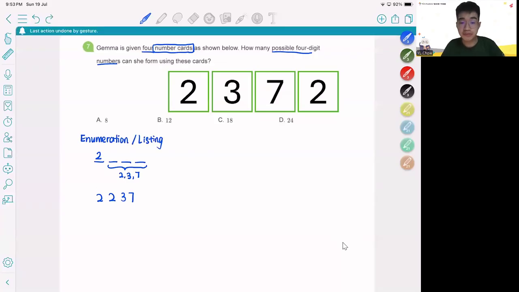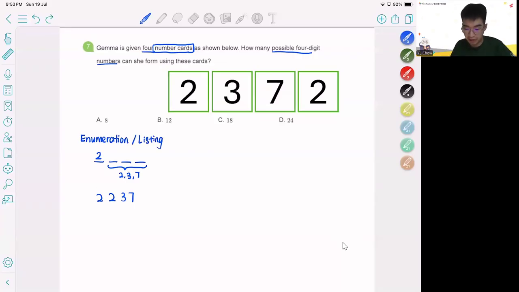After 2, 2, 3, 7, the next number I can form will be 2, 2, 7, 3. So I'm swapping the 3 and the 7. Then we move on to 2, 3. I still keep the thousands digit while I move on to the next hundreds digit. So 2, 3, 2, 7, and 2, 3, 7, 2. Pay attention to what digits are left after you select the first two digits.